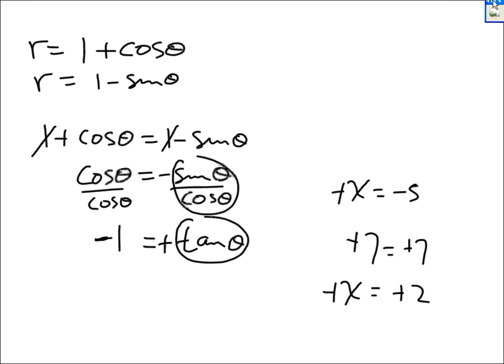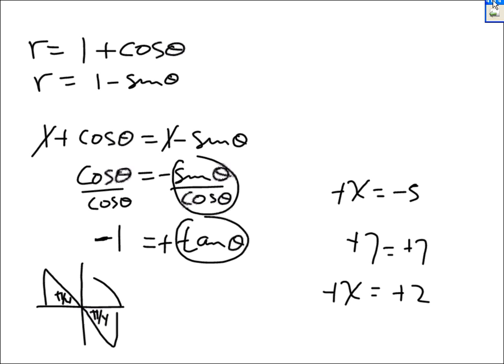Well, there's two places where tangent of theta is negative 1: in quadrant 2 and quadrant 4. Both of the reference angles are pi over 4.